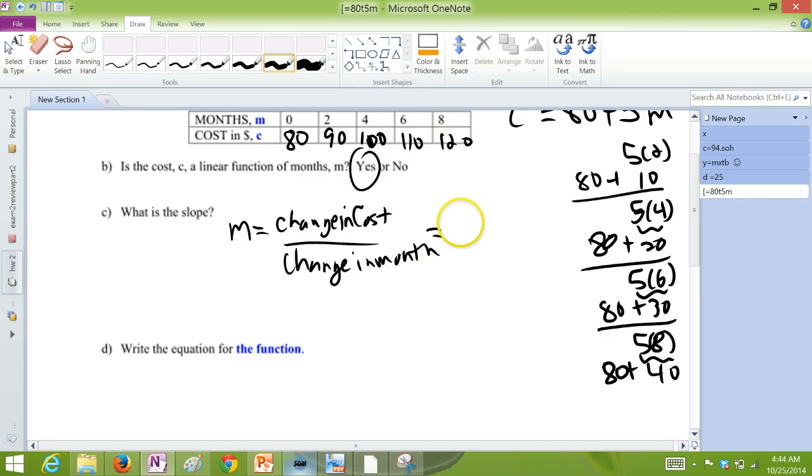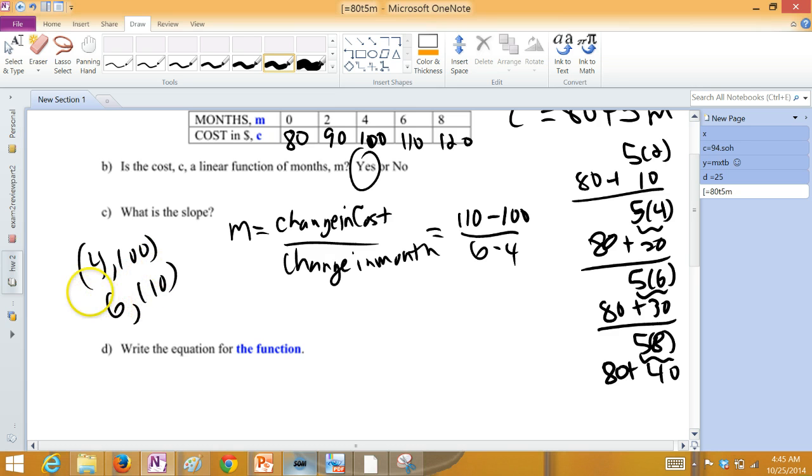Looking at 2 of these points here, if I look at 6 and 4, say, the change in cost goes from 110 to 100 when I go from 6 to 4. There's 2 points here, (4, 100) and (6, 110), and I look at the change in y over the change in x, or the change in c over the change in m. So we subtract the y's and we subtract the x's, or the m's here, and we get 10 for the difference in the y's, 2 for the difference in the x's, so it equals 5.